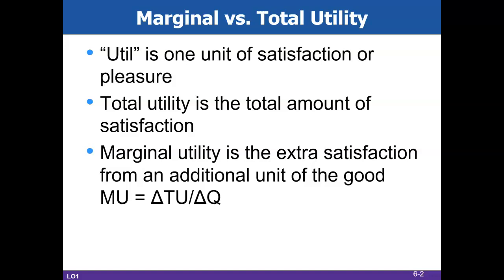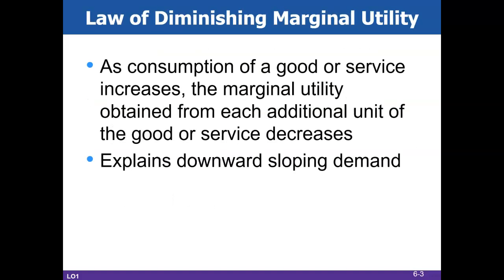So for every next one of a unit, what is the change in total utility? If the total utility of 1 unit is 10 and the total utility of consuming 2 units of something gives somebody 30 utils of utility, then the marginal utility was 20, the difference between the total utility over the change in quantity.